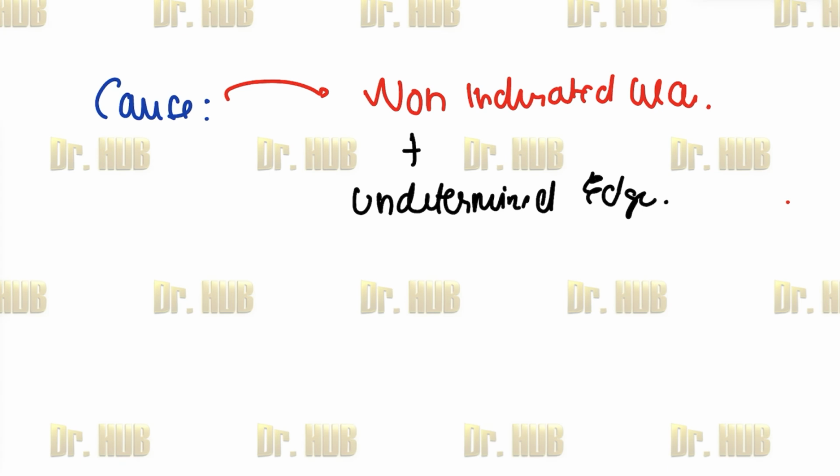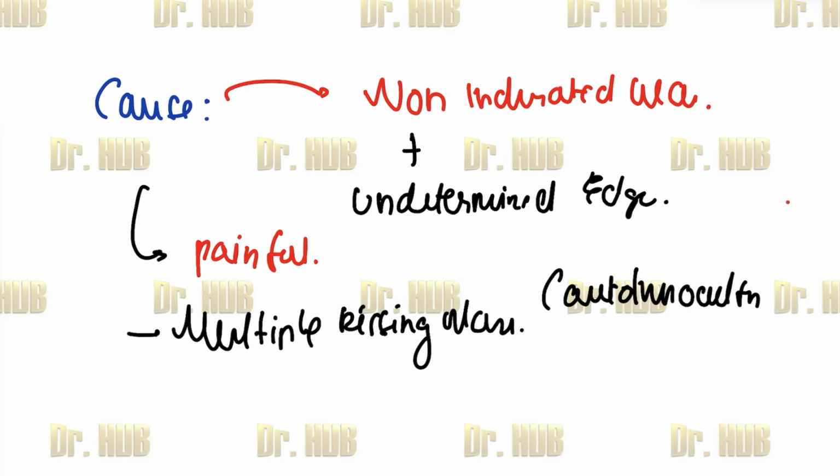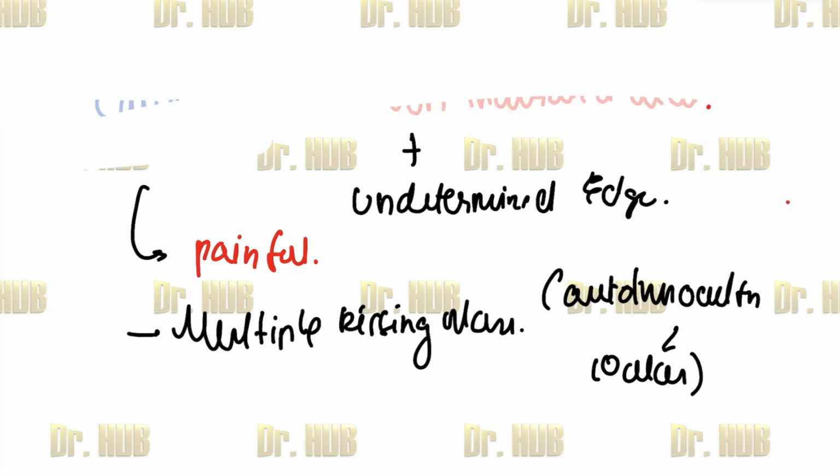Next, these ulcers are very painful. They include multiple kissing ulcers, which develop by auto-inoculation from the primary ulcer.